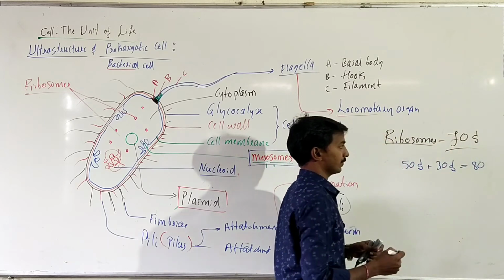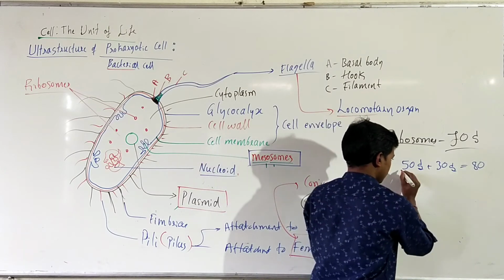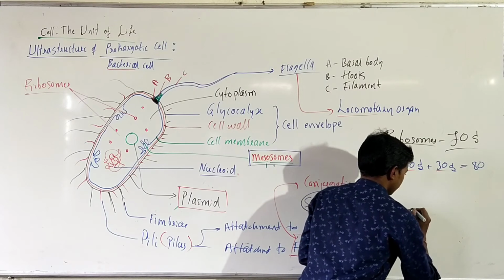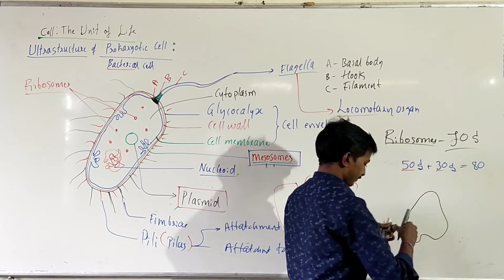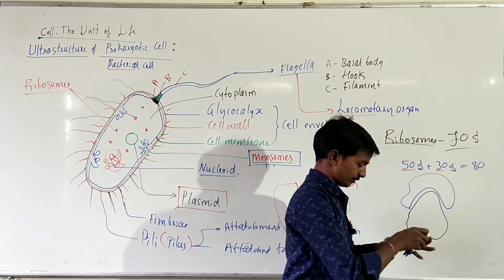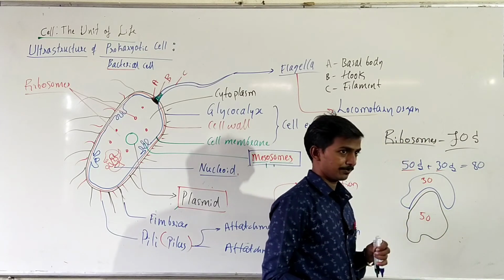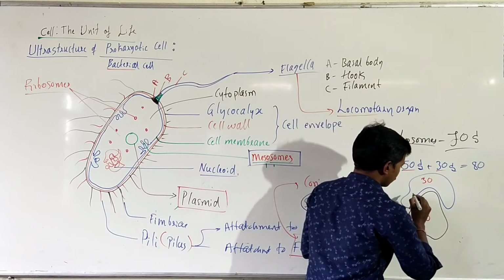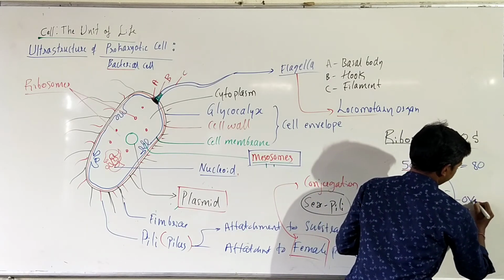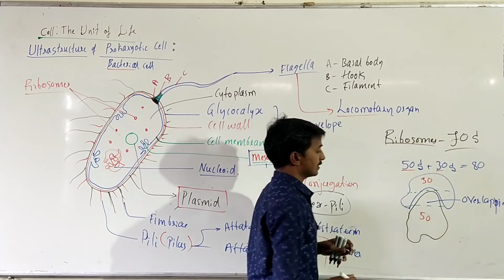Then why is it 70? Again the question arises. 50S is the larger subunit, 30S the smaller subunit. Imagine the larger subunit, imagine the smaller subunit. It is of 30S, it is of 50S. During attachment, about 10 subunits are overlapping.